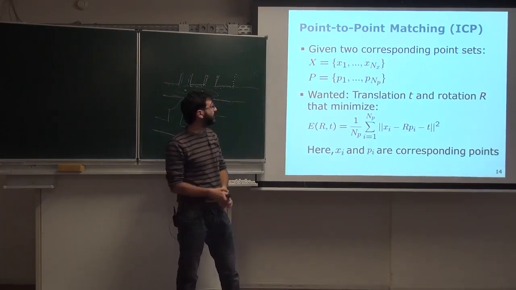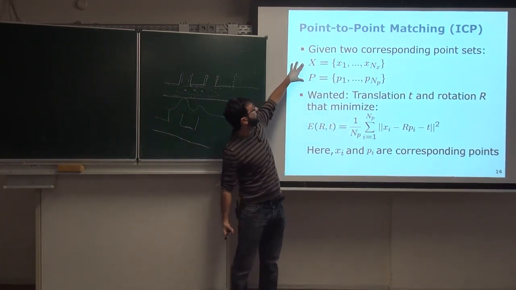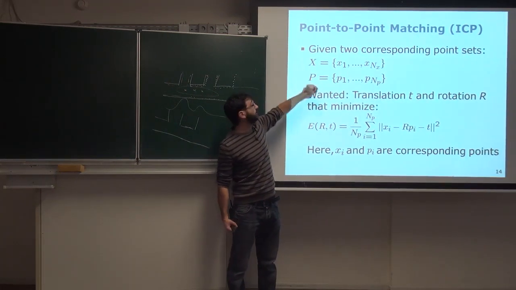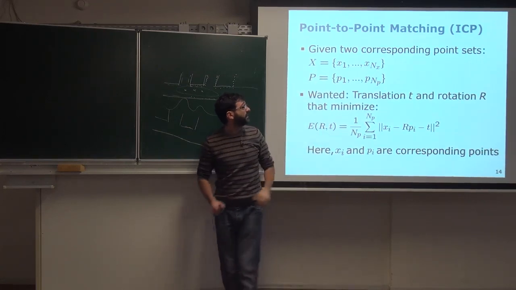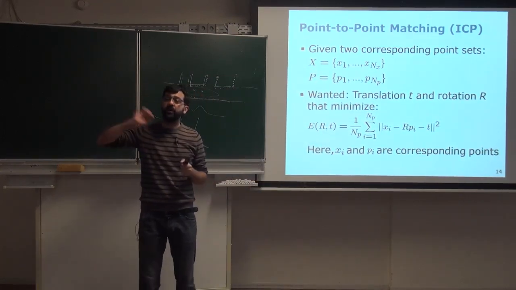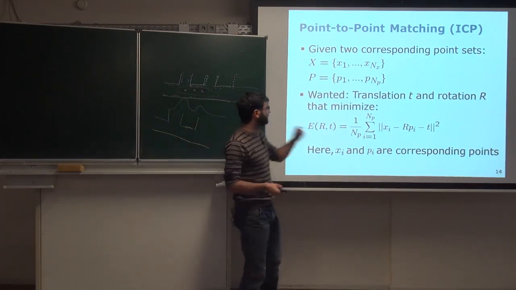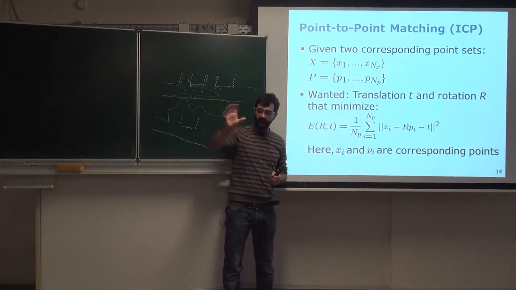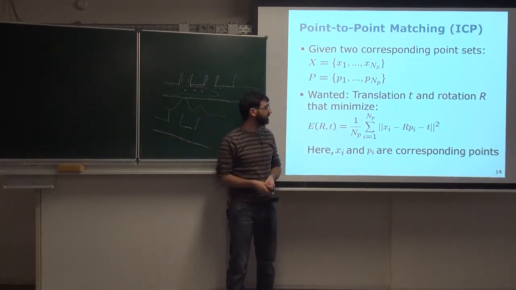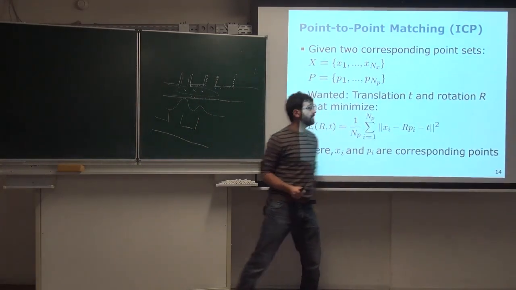Now, how does ICP work? We have two point sets, okay? The first point set X, the second point set P, and each of them is just a set of points, XY coordinates or XYZ coordinates. What we want is a translation and a rotation, so a rotation matrix and a translation vector, that aligns X with a transformed P, okay?